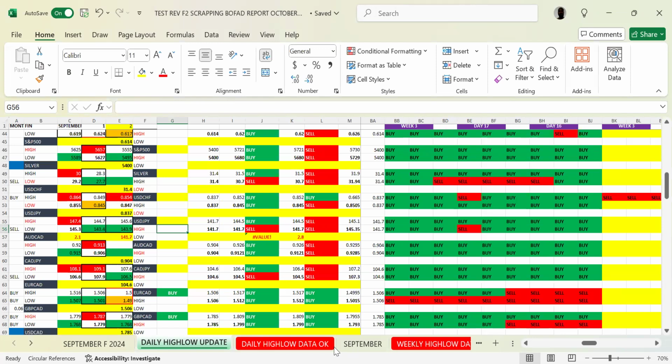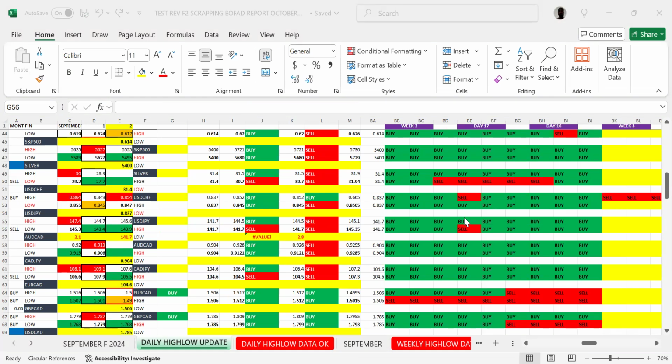The idea of the template is to help us determine the direction of the market as quickly as possible. Based on the information in the template, it's going to help us determine the direction of the market, and that will also help us know what action to take, whether to buy or to sell.